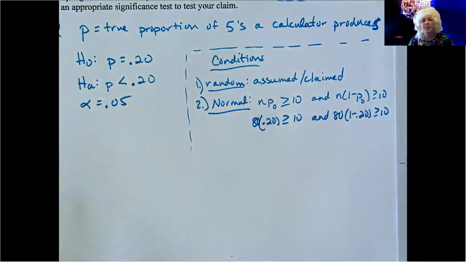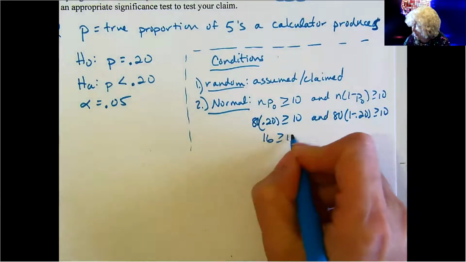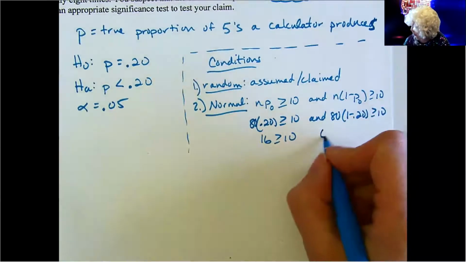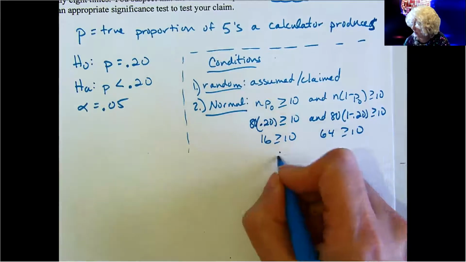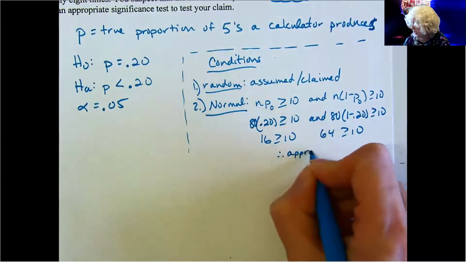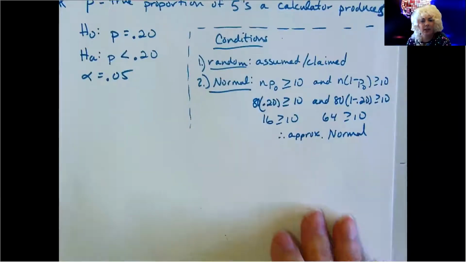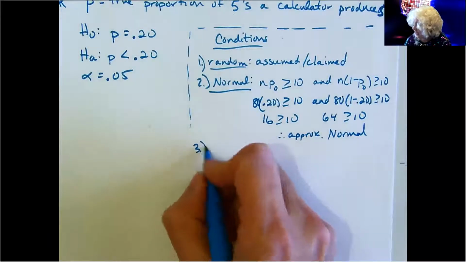Some of this stuff you can do in your head, or you can grab your calculator, whatever makes you most comfortable. So 80 times 0.2, you've got 16, which is good to go. 80 times 0.8, 64. We're good to go. So we are approximately normal on our sampling distribution. Then the last thing I need to make sure is independent.